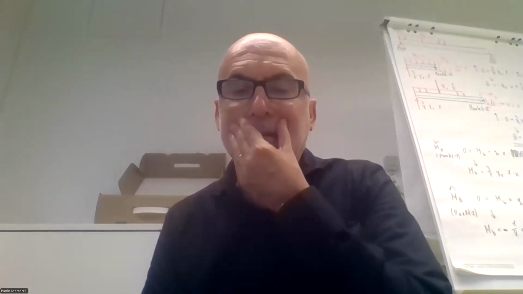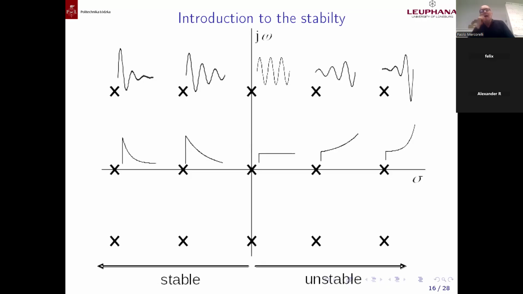Okay, let me restart and conclude with this presentation. About this slide, I already told you a lot: we can distinguish between left and right with respect to the imaginary axis, j omega.